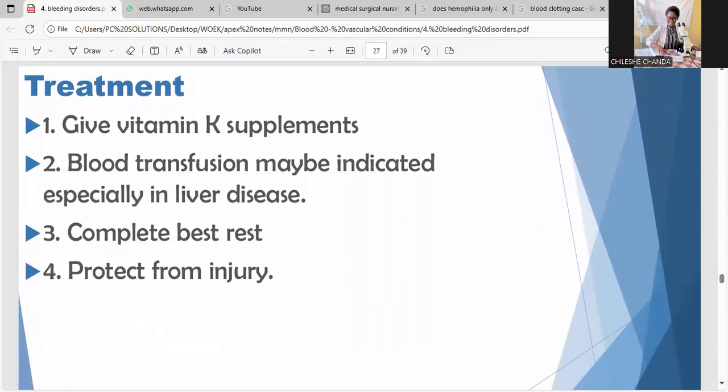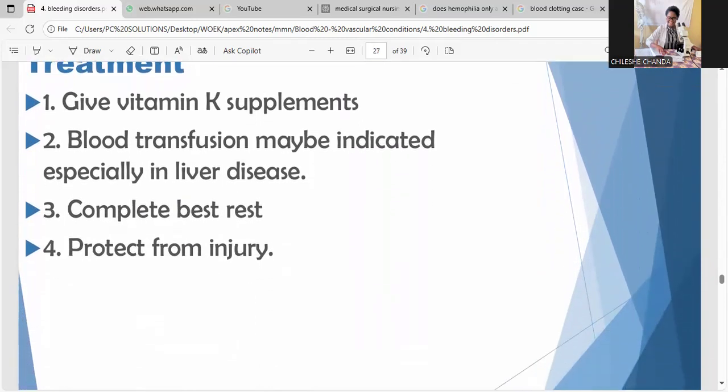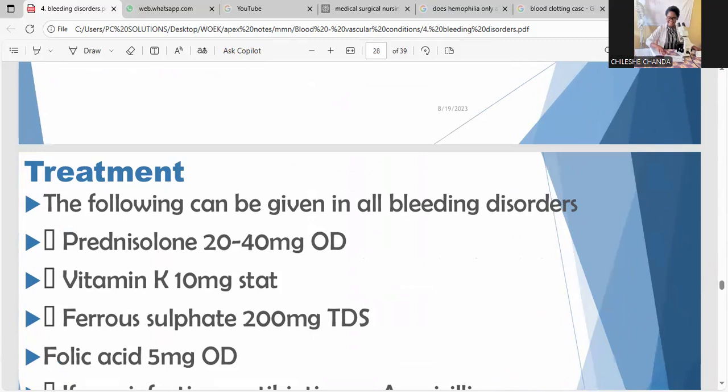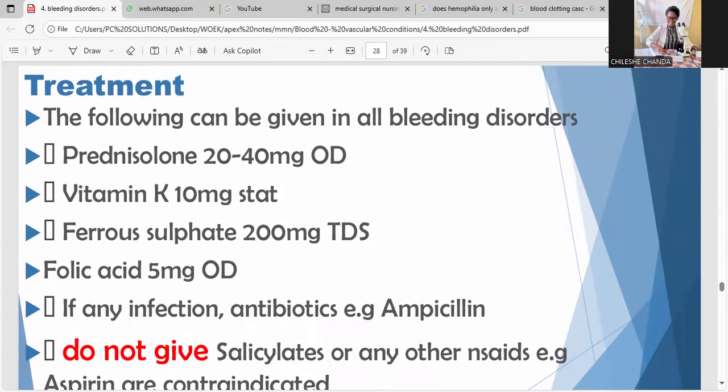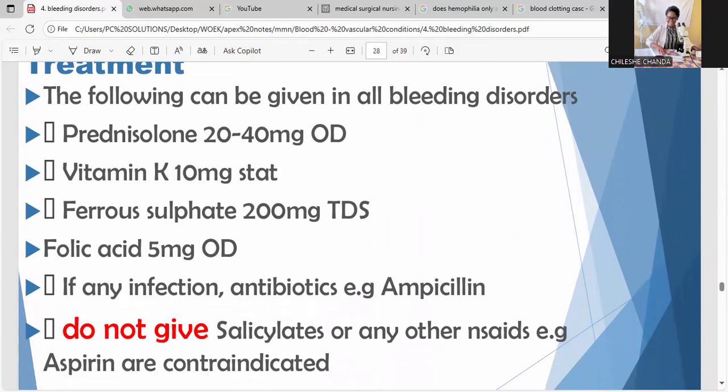You treat prothrombin deficiency by giving vitamin K supplements, blood transfusion, complete bed rest for this patient, and then you protect the patient from injury. Okay, so when you want to treat bleeding disorders, you can give prednisolone 20 to 40 milligrams.